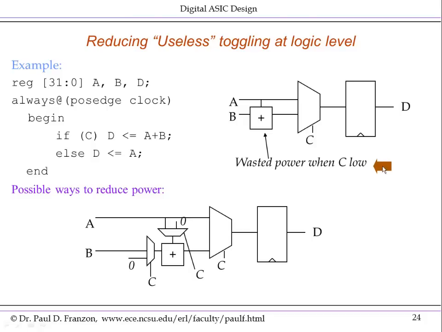Well, there are several possible ways to fix this. One would be to have C send to an input mux on this adder to present zero to the adder when C is low. Here you still get one transition. When C changes, you'll still get one transition because you'll be going from adding A and B to adding 0 and 0, so you still get one complete set of transitions, but you use less power.